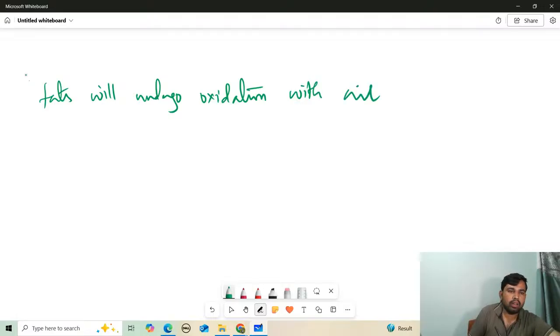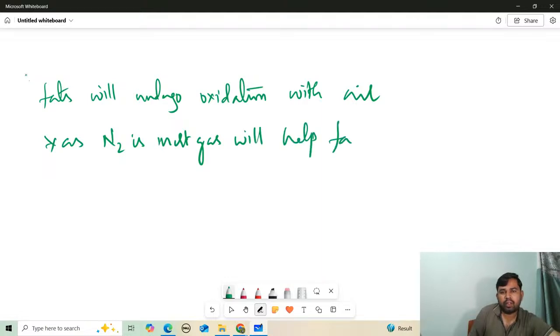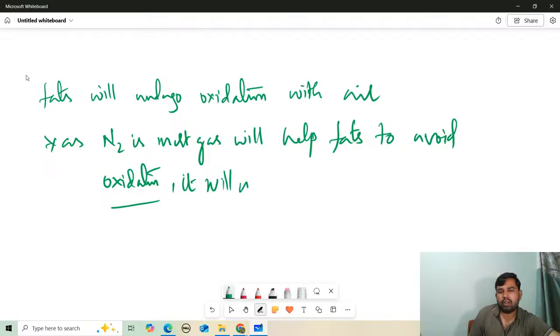But as N2 is an inert gas, it will help the fats avoid oxidation. It will not react with the food, or we can say the fat.